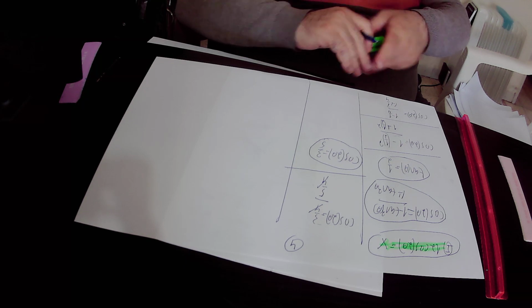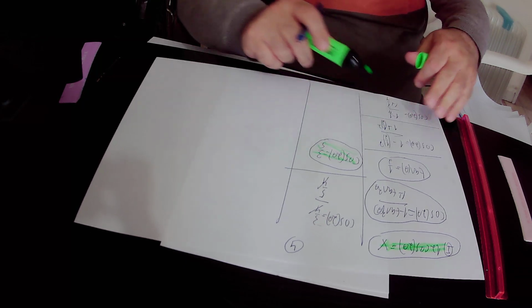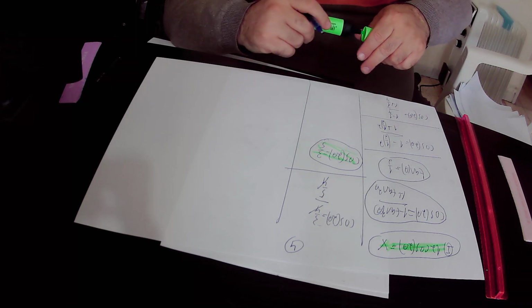Now we can substitute cosine 2 theta in equation number 1 by 3/5.